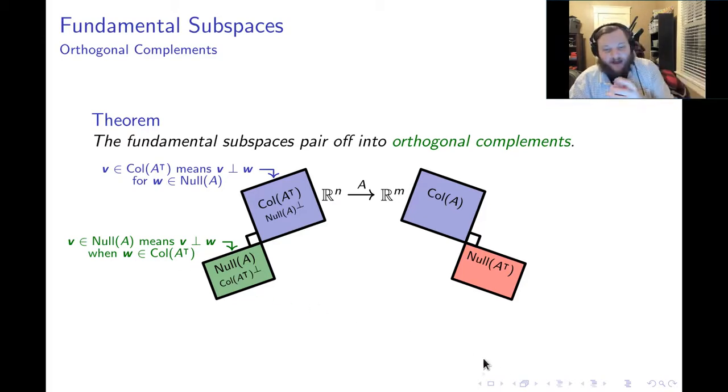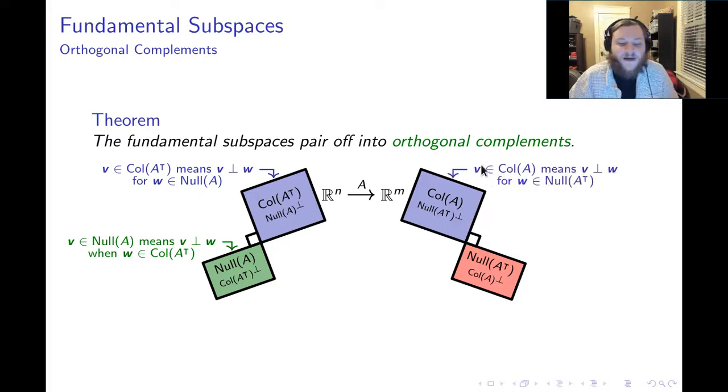And the same language applies to the other side of our diagram. It's appropriate to say that the left null space, so the null space of A transpose, is equal to col of A raised to the perp sign. And it's also appropriate to say that the column space of a matrix is equal to the null space of A transpose raised to the perp sign.